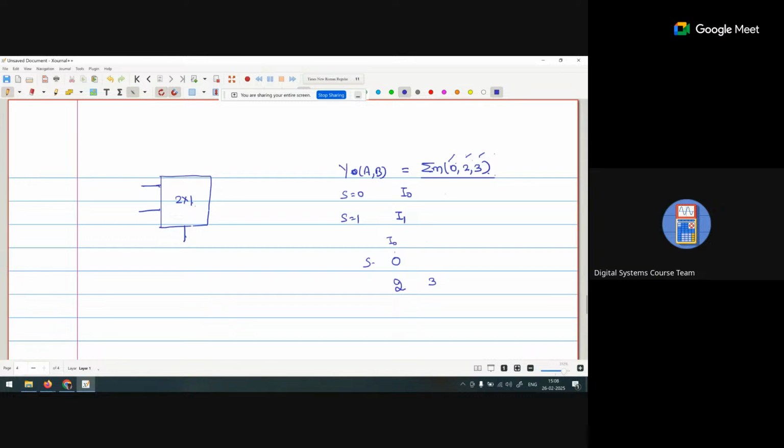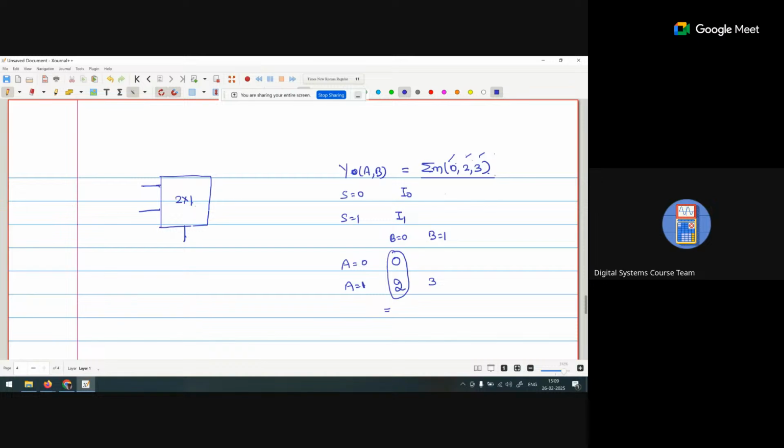In the column part, we can say A is equal to 0, A is equal to 1, and B is equal to 0, B is equal to 1.